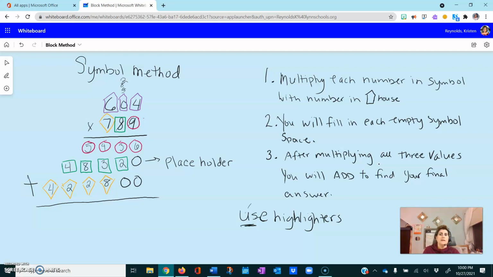So now as you can see, this is all lined up really nicely. So now all I have to do is add.